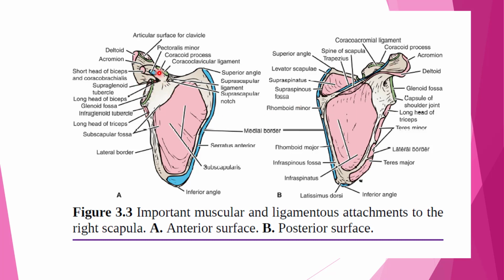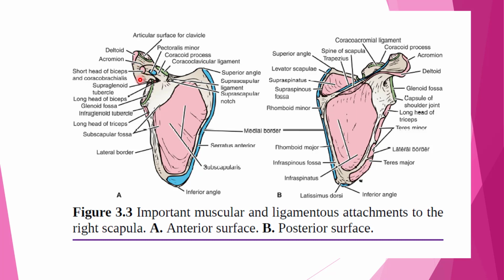Now, before I have told you the long head of the biceps, which is attached to the supraglenoid tubercle. So this is the long head of the biceps, which is attached here, and it will be intracapsular. It not only arises from the supraglenoid tubercle, but one part also arises from the lateral part of the tip of the coracoid process.